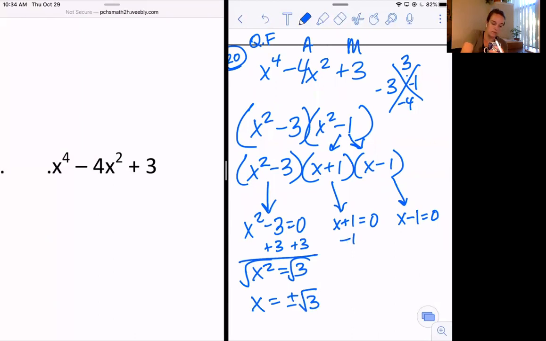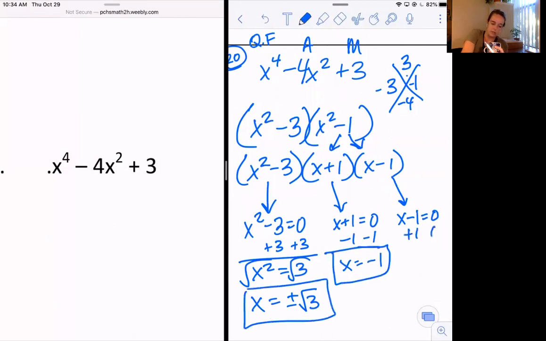I'm going to subtract 1, x equals -1, and then add 1, x equals +1. So my four solutions are the square root of 3, the negative square root of 3, -1, and +1. And that's good because I started with x to the 4th, so I should have 4 answers: 2 here, 1 here, 1 here.